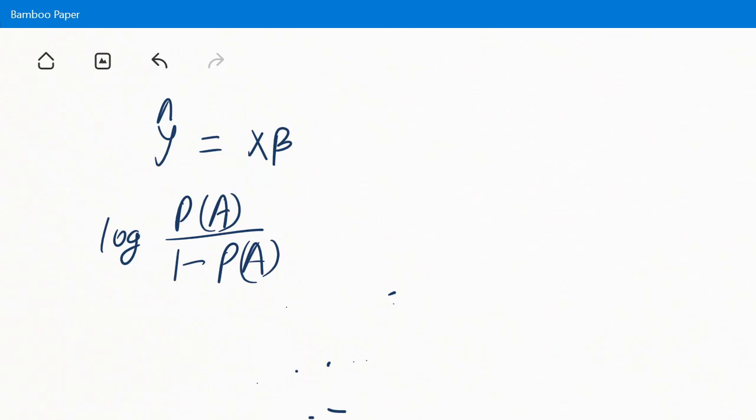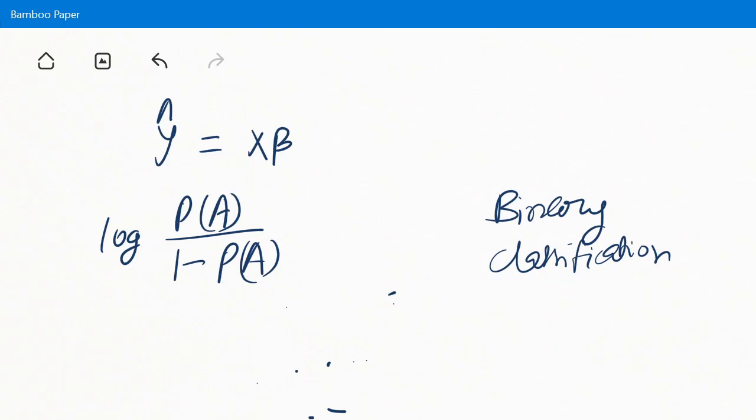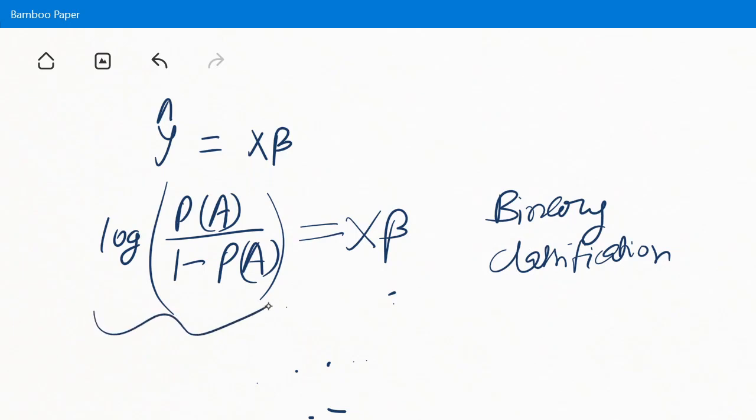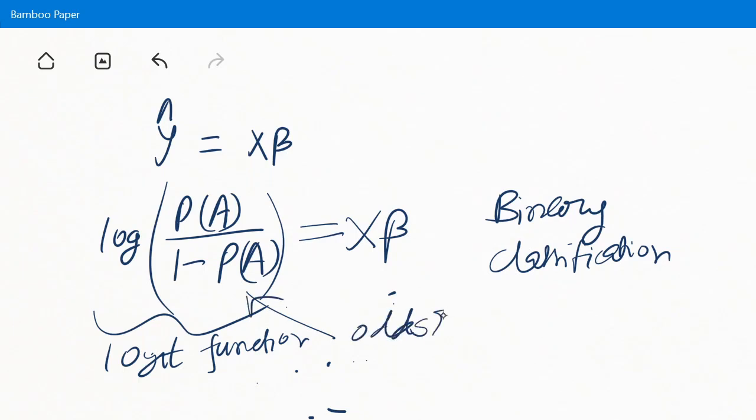So here we are talking about a binary classification problem, and this is a linear combination in betas. This function is called the logit function, and this ratio is called the odds ratio.